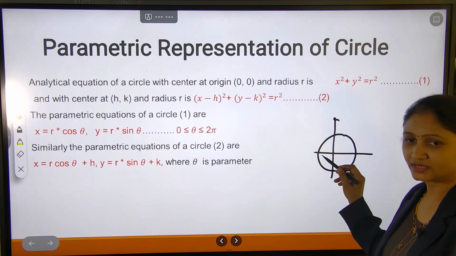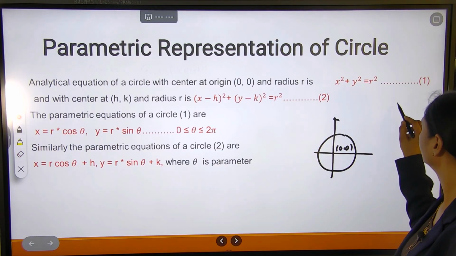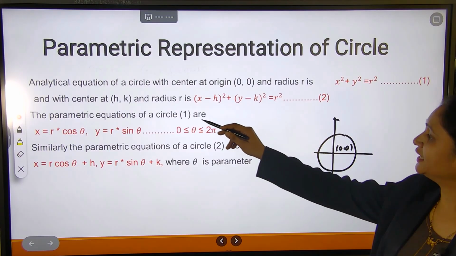This is the circle whose center is (0, 0), called the origin.